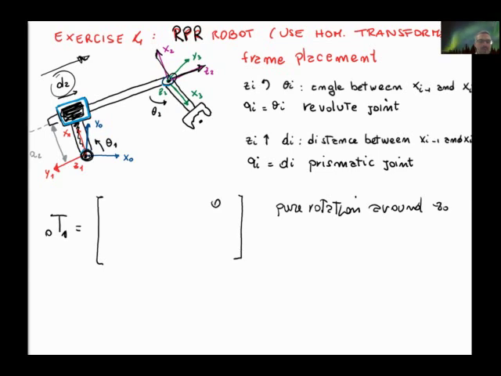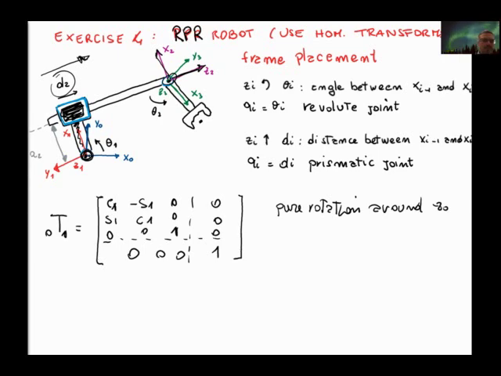So we set zeros in the translation part, and in the rotation we put the rotation about the z-axis, considering the first joint angular position θ1. So the cosine of θ1, sine of θ1, 0, and minus sine of θ1, cosine of θ1, 0. Okay.